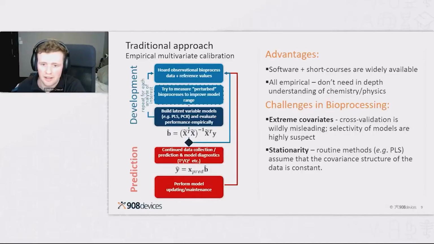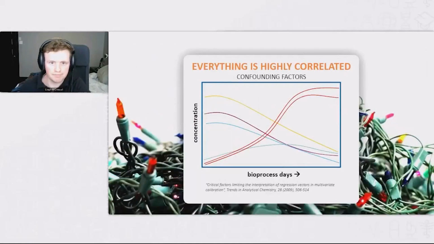Another drawback here is the stationarity issue. These routine methods like partial least squares, PLS, assume that the covariance structure of the data, that's both the error and the analyte concentrations themselves, is constant, which is never true for Raman. It has a variable error structure. And it's certainly not true for bioprocesses because they're definitely correlated over time.